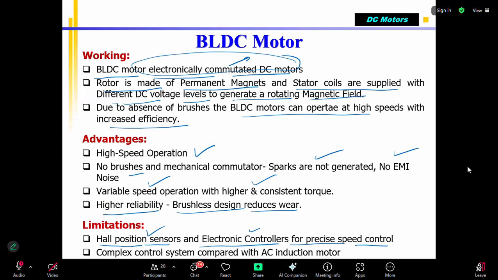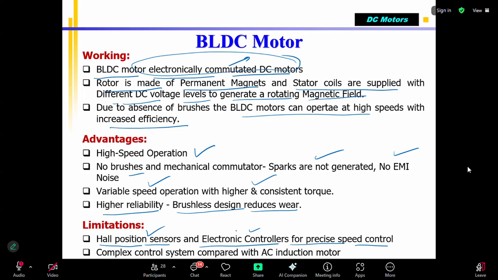For an induction motor, you don't have any controller. Directly apply AC voltage, three-phase. Take from the TNEB line or a grid, supply three-phase 440 volts, it works. I don't need anything except the starter, correct? But to start the motor, stop the motor, nothing more than that, no electronics. But a BLDC motor needs a circuit which generates a trapezoidal, square or modified square wave.